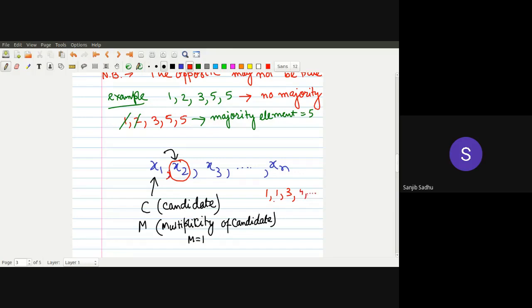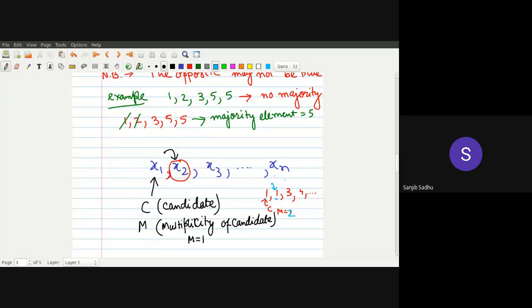C is this, and M is 1. Now I come here, and check 1 equal to 1. So this equals the candidate, and the multiplicity will increase by 1, so it will be 2.